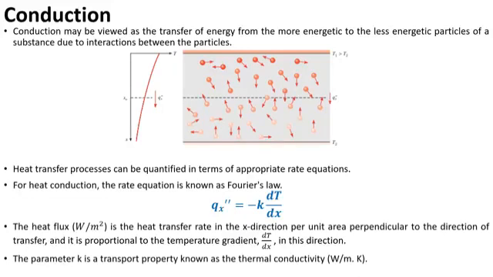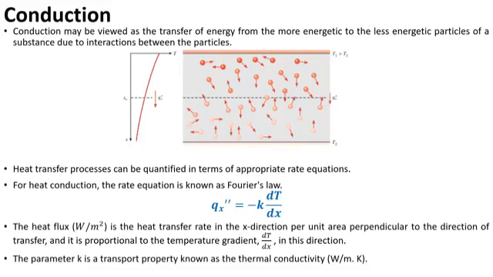So heat will transfer from higher temperature to lower temperature. So heat will transfer from the upper side to the lower side because the upper side is at a higher temperature than the lower side. So conduction is basically a heat transfer from more energetic particles to less energetic particles.